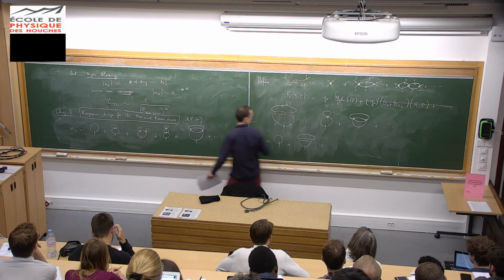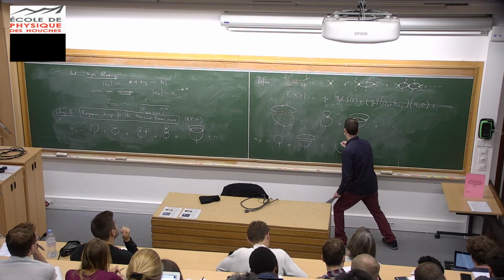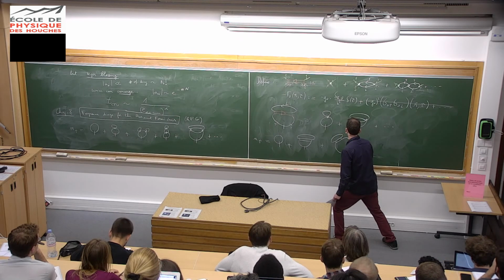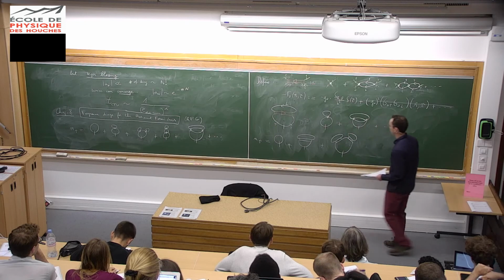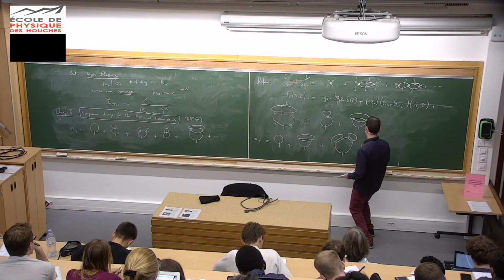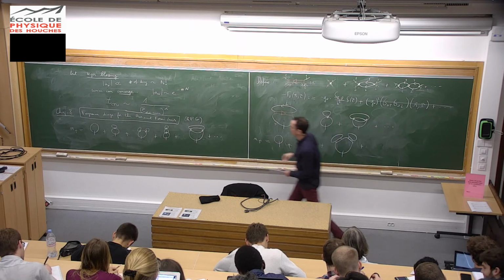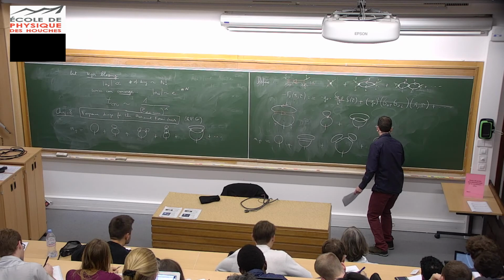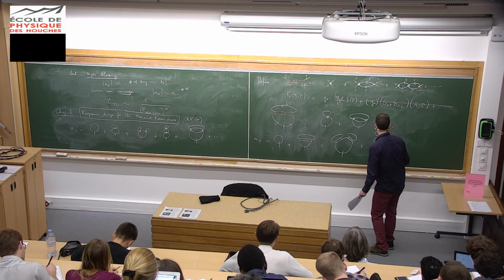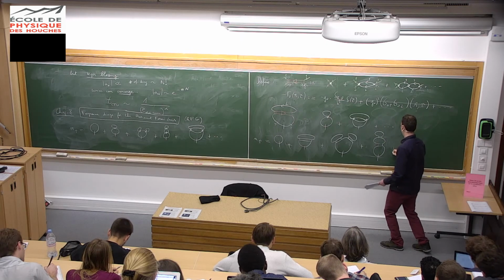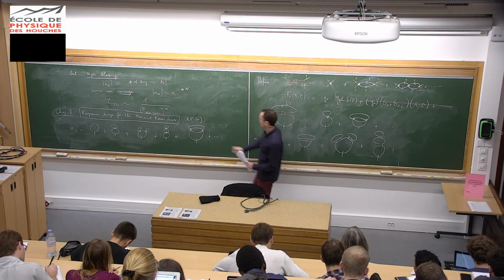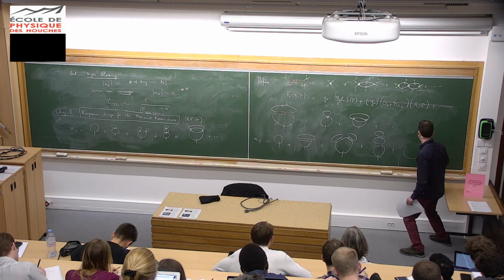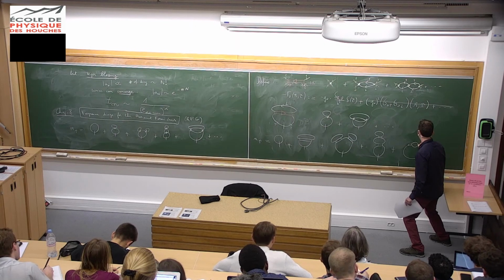You substitute again the bare vertices with dressed ones, and you will get this guy. For this one, you will get this guy. Then if you substitute here, you get this guy.